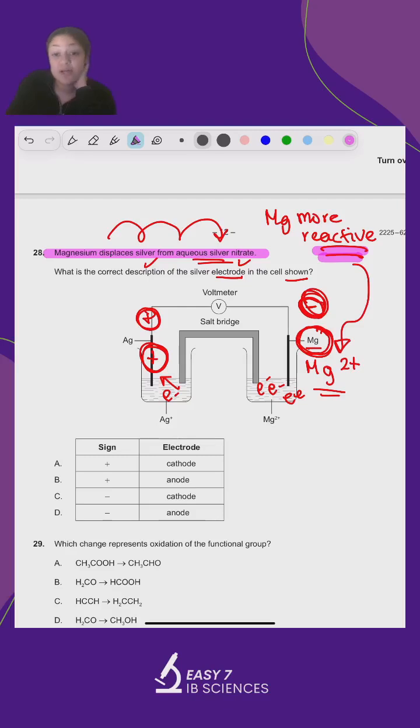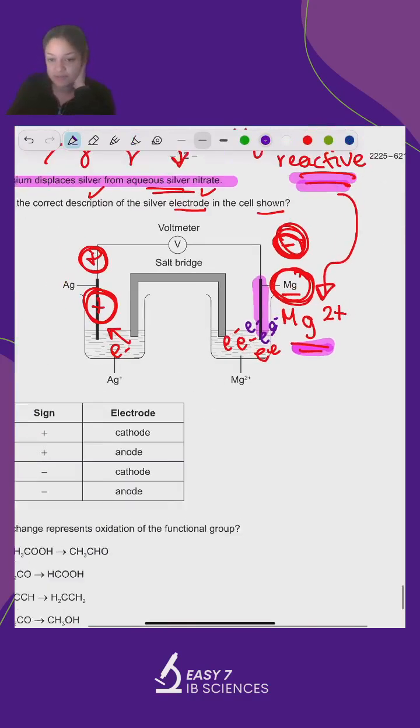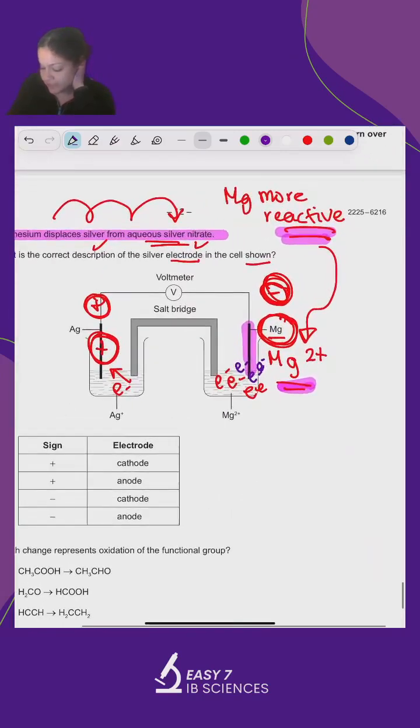So it's going to be the one that is losing its valence electrons, so therefore this is going to be my negative electrode. Because if I'm getting rid of electrons everywhere, all the electrons are going to be surrounding that electrode. Electron, electron, electron, electron. This is negative. Hopefully that makes sense.